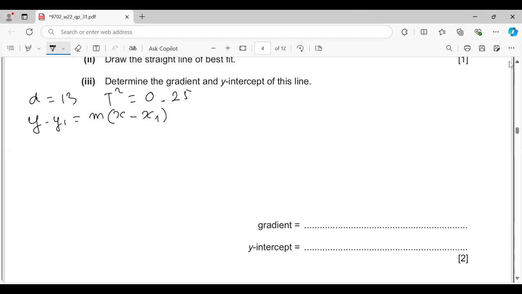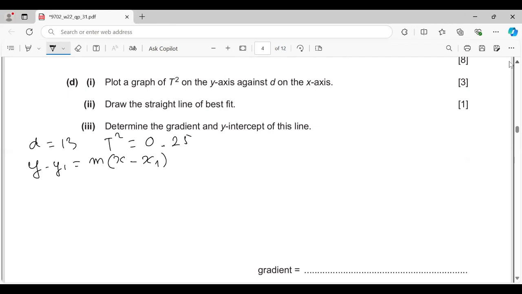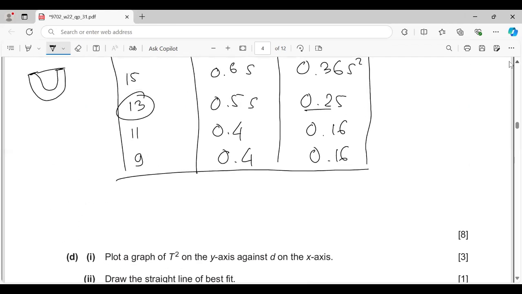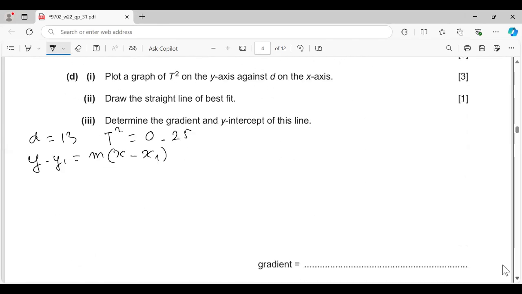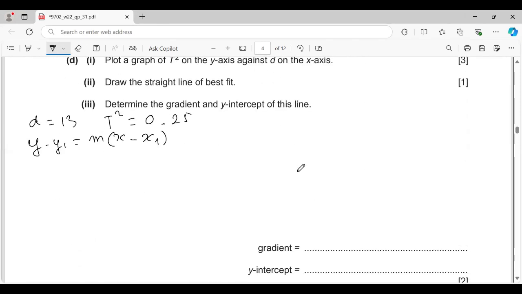For the gradient, we can determine the gradient as y over x, so it means 0.49 over 17. The result is 0.0288.